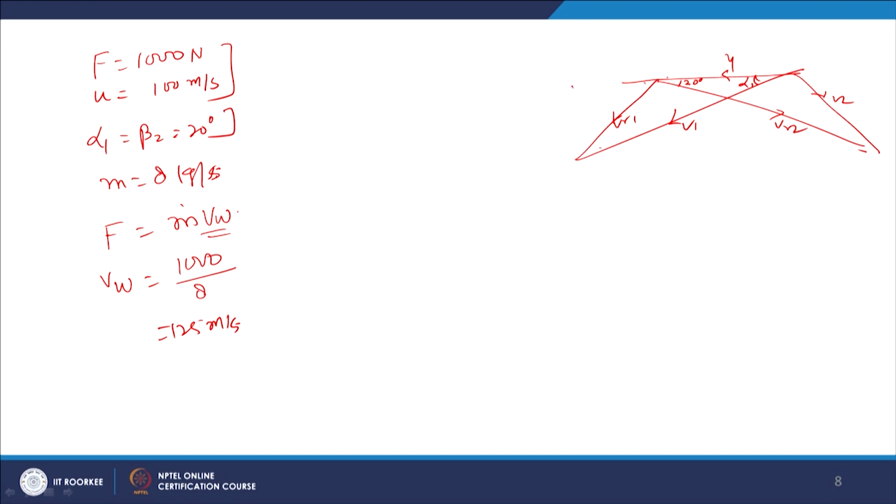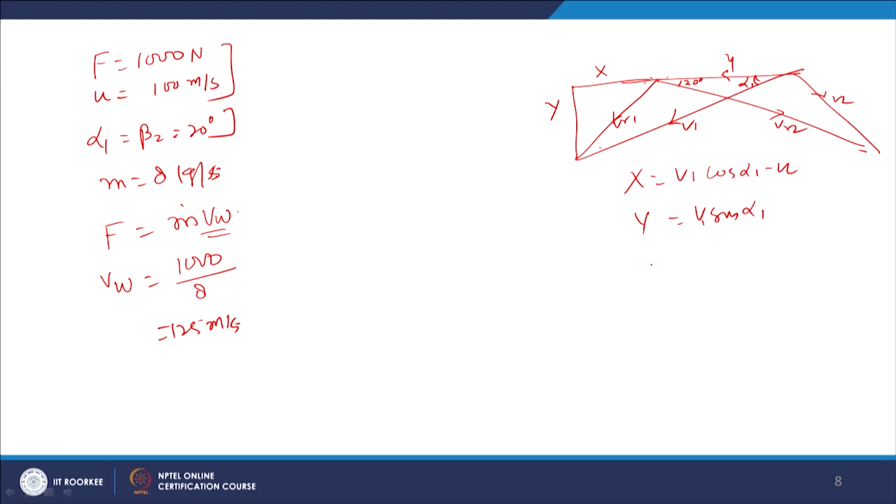Now, in order to find beta 1, let us find the value of x and y. Now x is V1 cos alpha 1 minus u, and V1 is known to us. And y is V1 sin alpha 1.